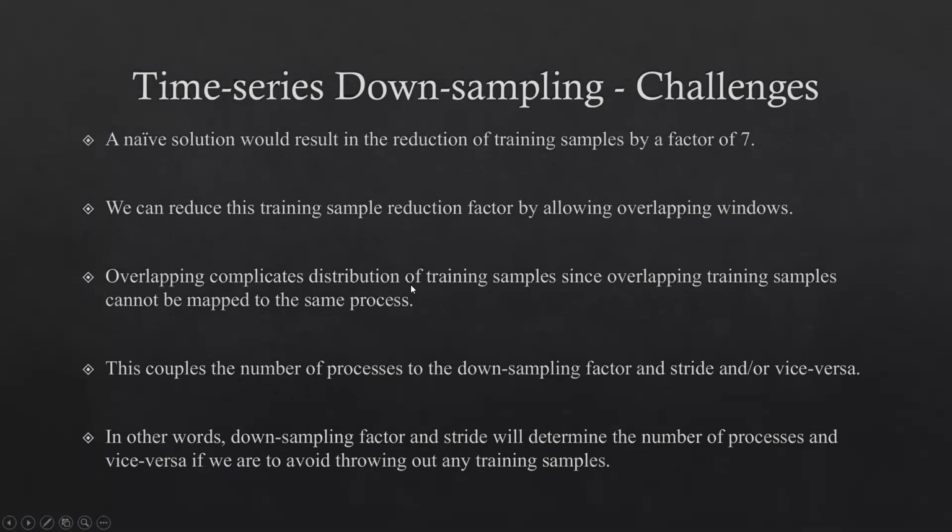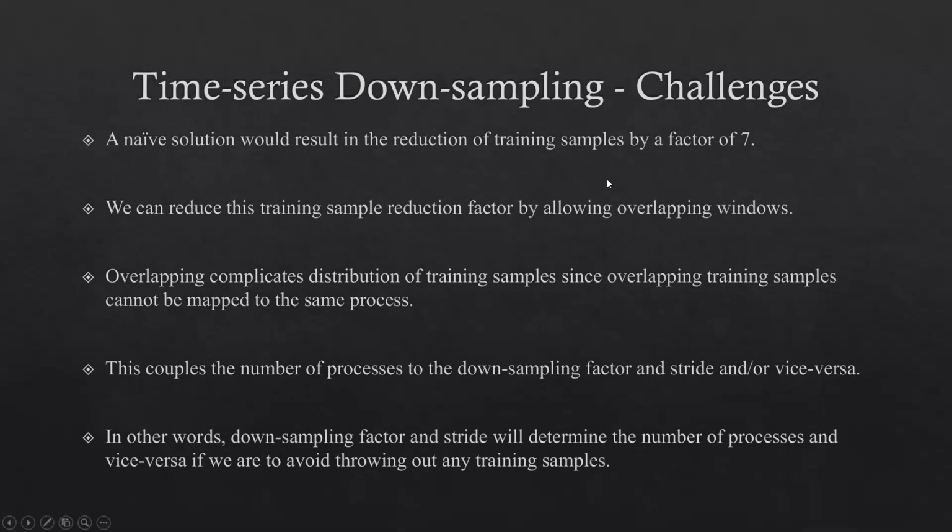Here are some of the challenges. A naive solution for downsampling the data set would be to take every window of 7 days and just take the average, with no overlap between the windows of 7 days.